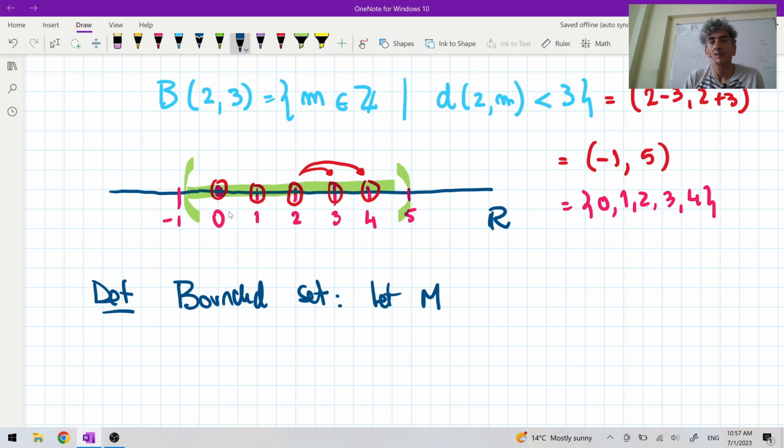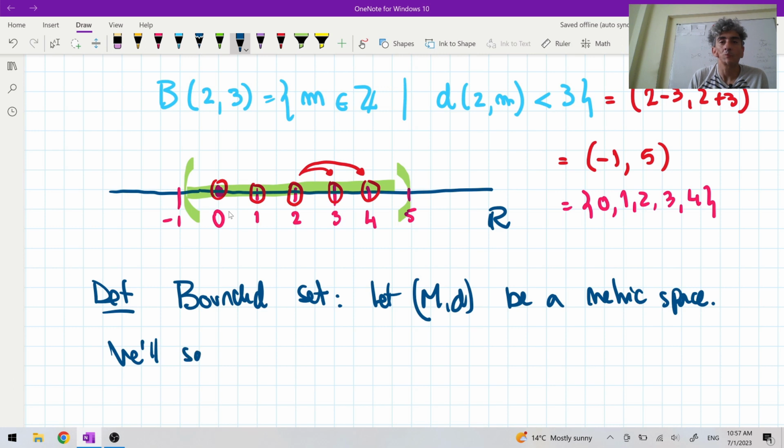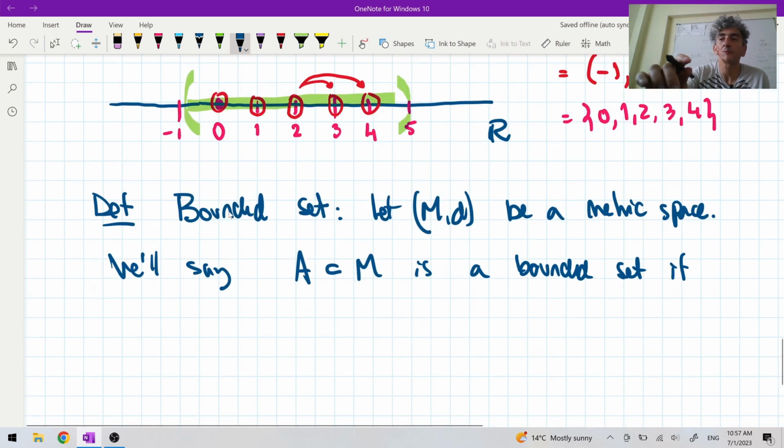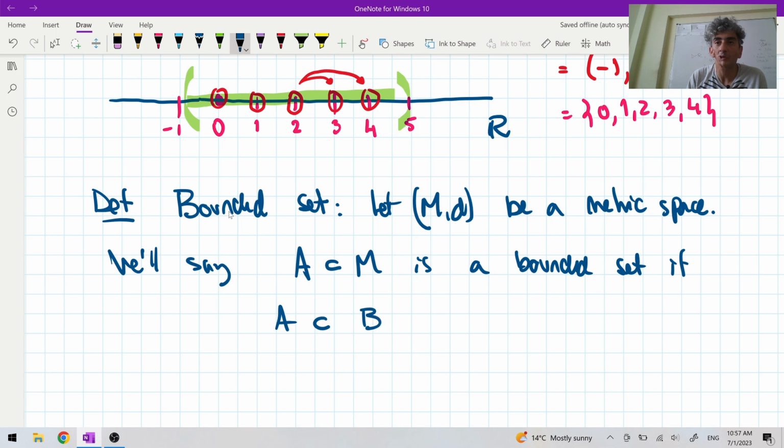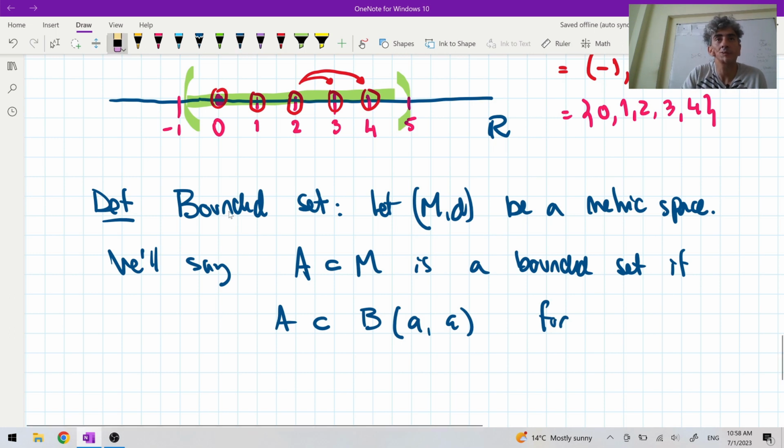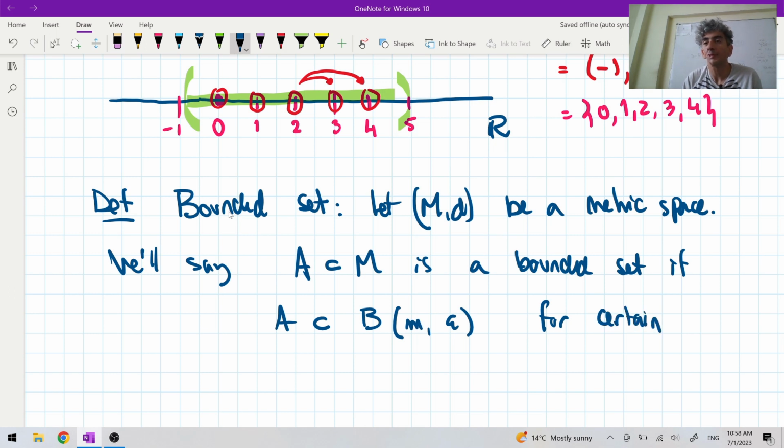Let M, d be a metric space. We'll say that a subset A is a bounded set if A is a subset of a ball, for certain M in the metric space and epsilon greater than 0.